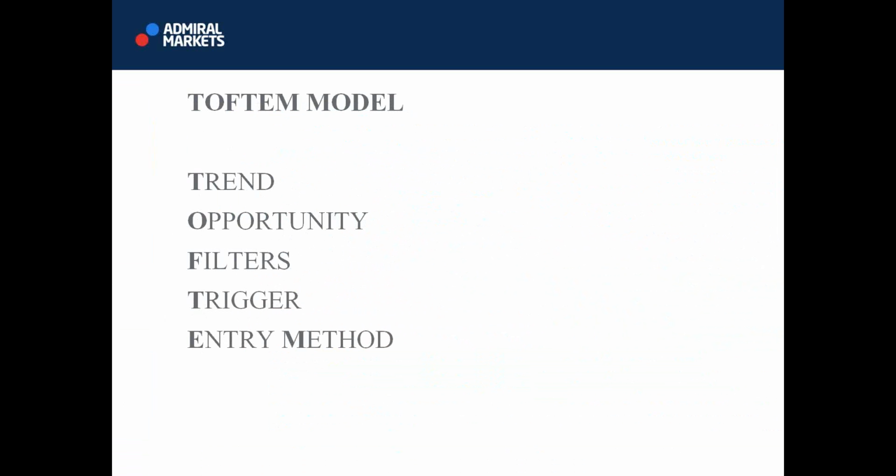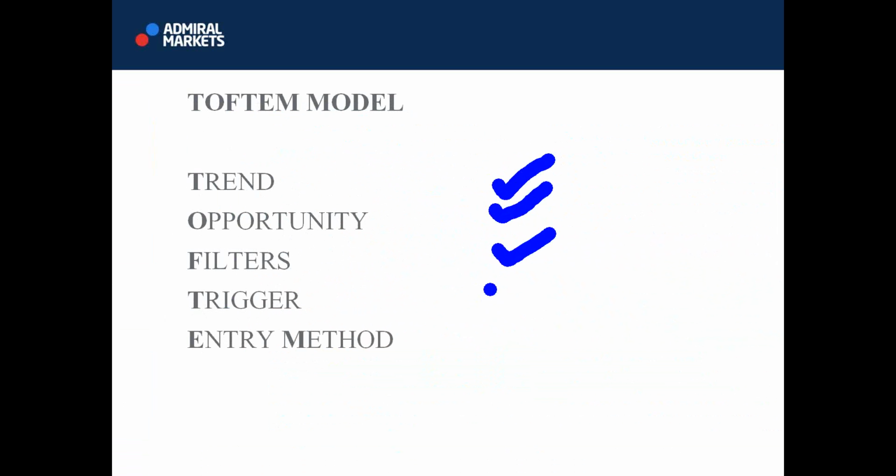So, let's say we're looking for a trending market. Let's say the market is trending, so check. We can go to step 2. We're getting a candlestick pattern at resistance, so check. If no filters are in play, check. We can move on to the next item.